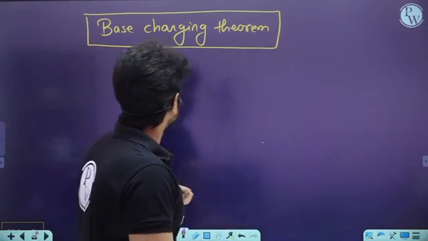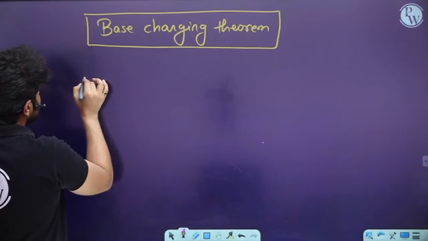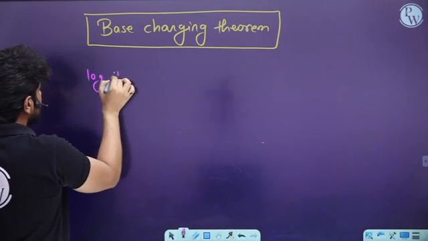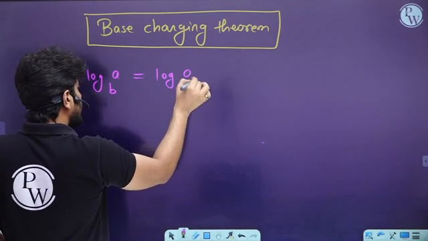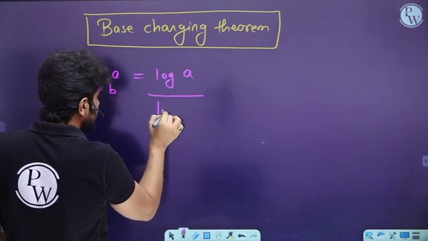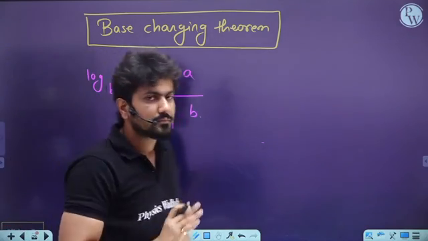So the base changing theorem says that we can write log a to the base b as log of a upon log of b. This is the statement of the base changing theorem.